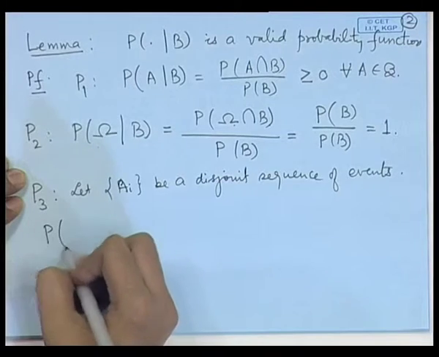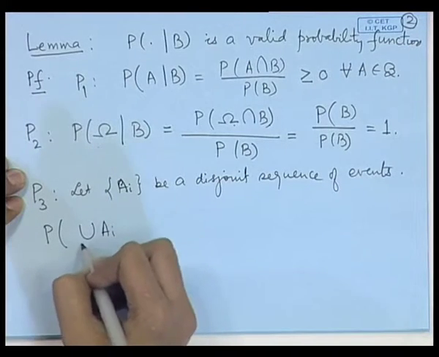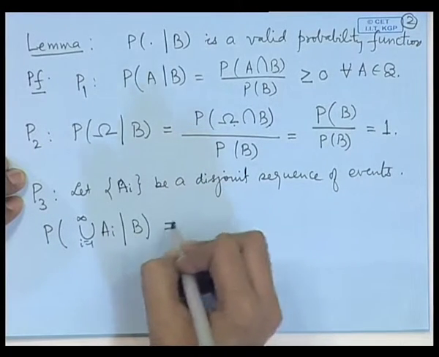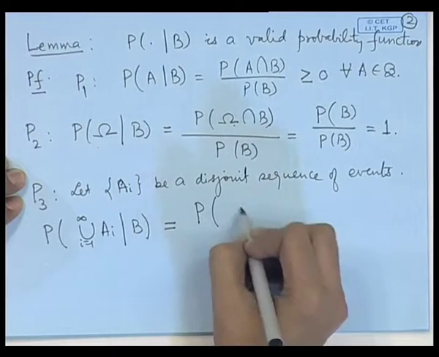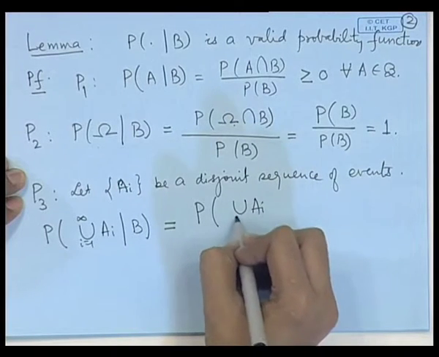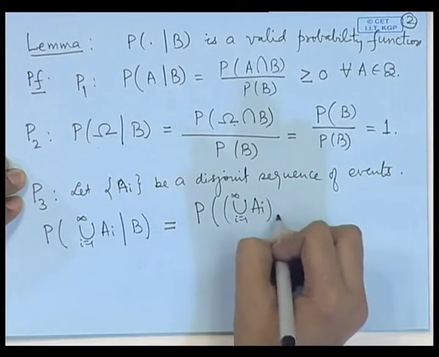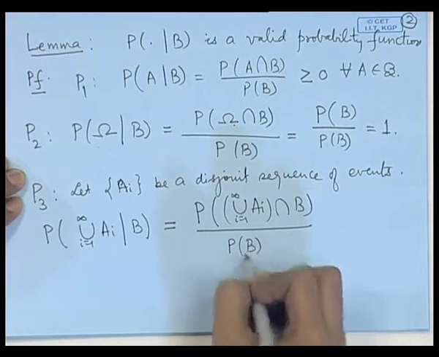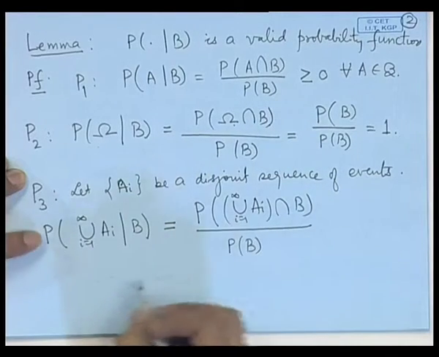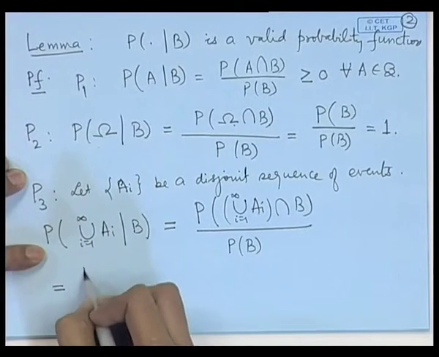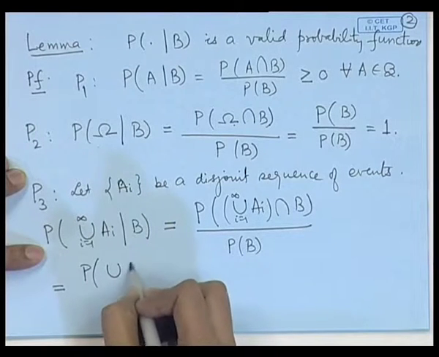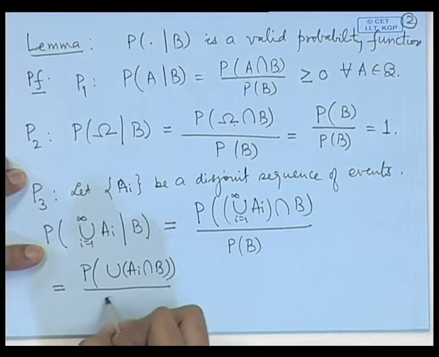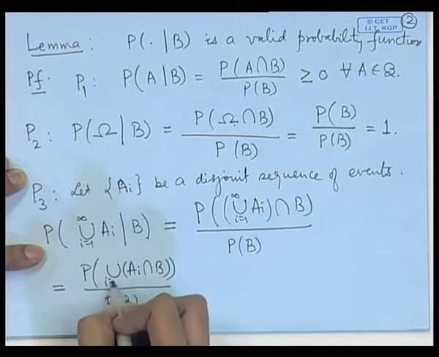Let us consider the probability of union A_i given B. By the definition of conditional probability, this will be equal to the probability of union A_i intersection B divided by P(B). Now, in the numerator I can apply the distributive property of unions and intersections. So this becomes the probability of union of (A_i intersection B) divided by P(B).